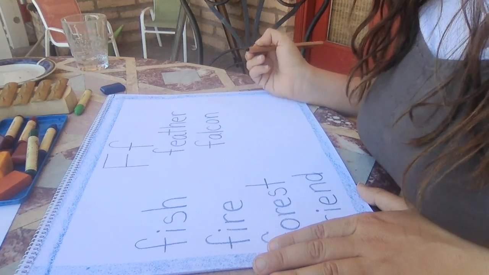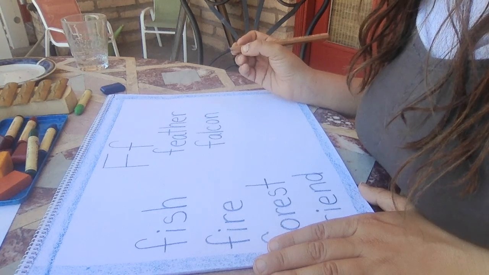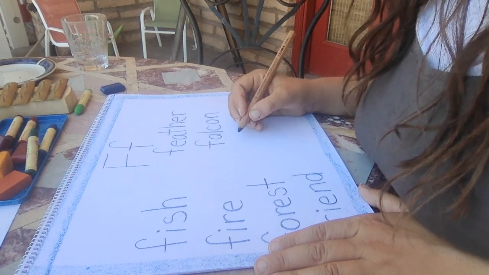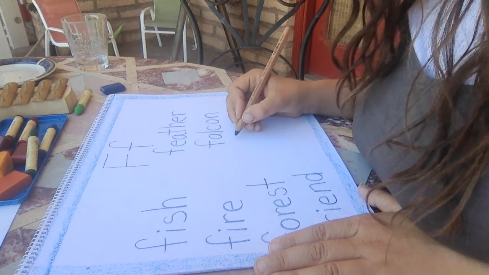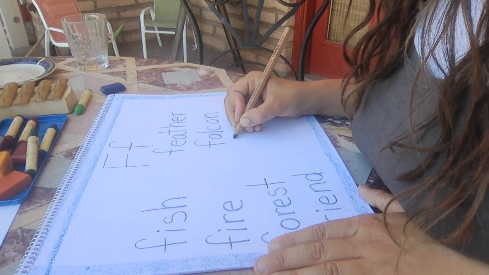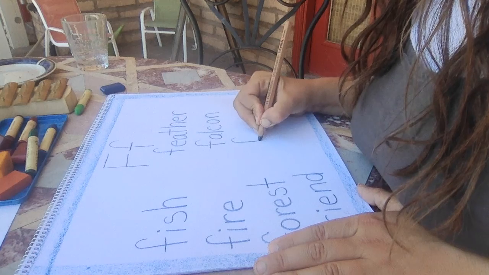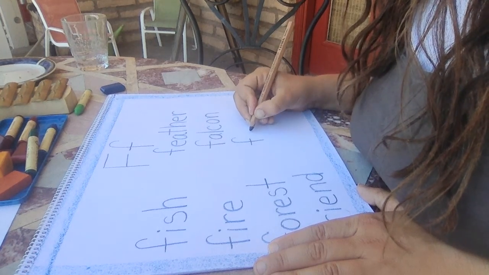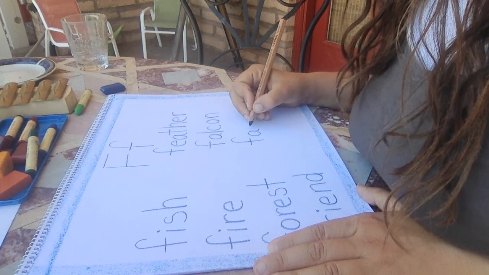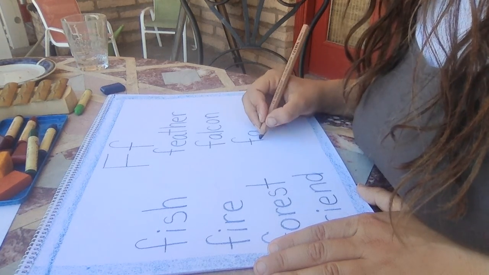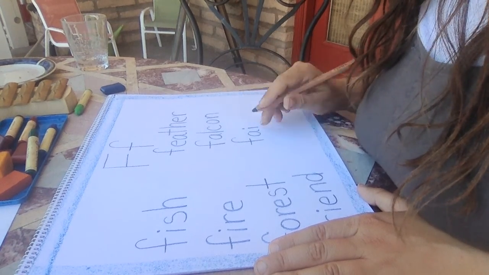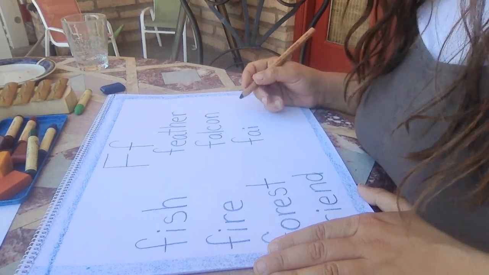And hiding deeper in that woods is, of course, another friend, a fairy. I wonder what kind of fairy this fairy is. Would be fa or fa, and then we have this little I that helps that A say its name.